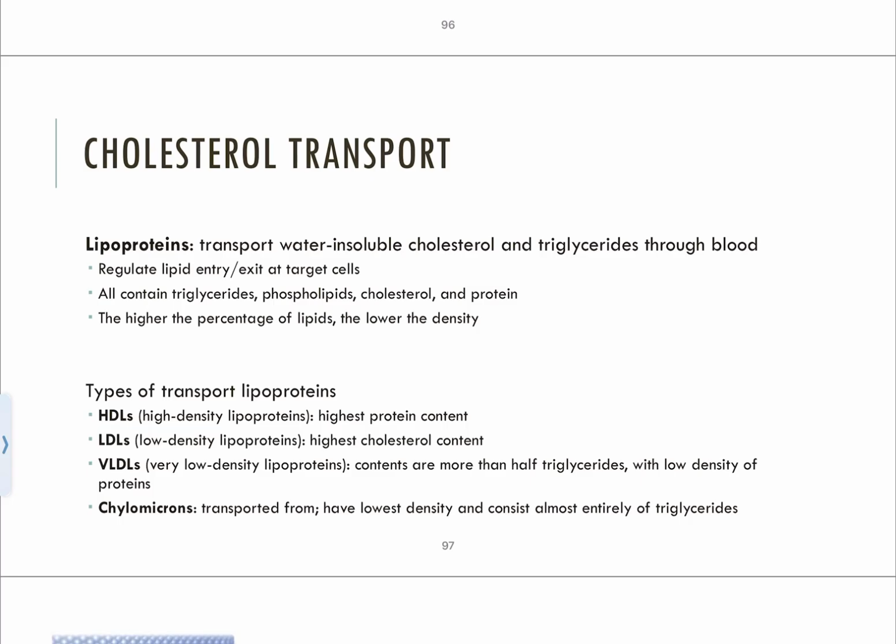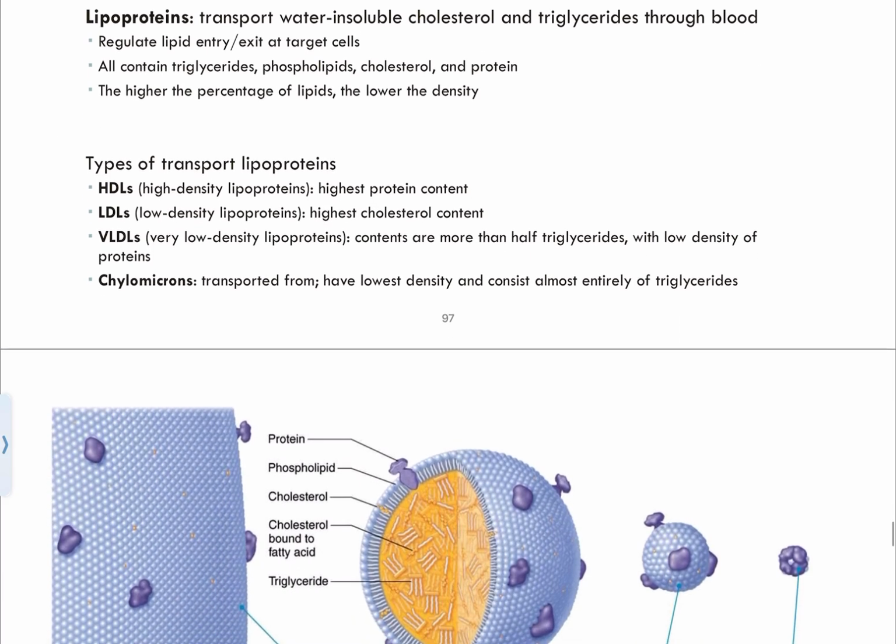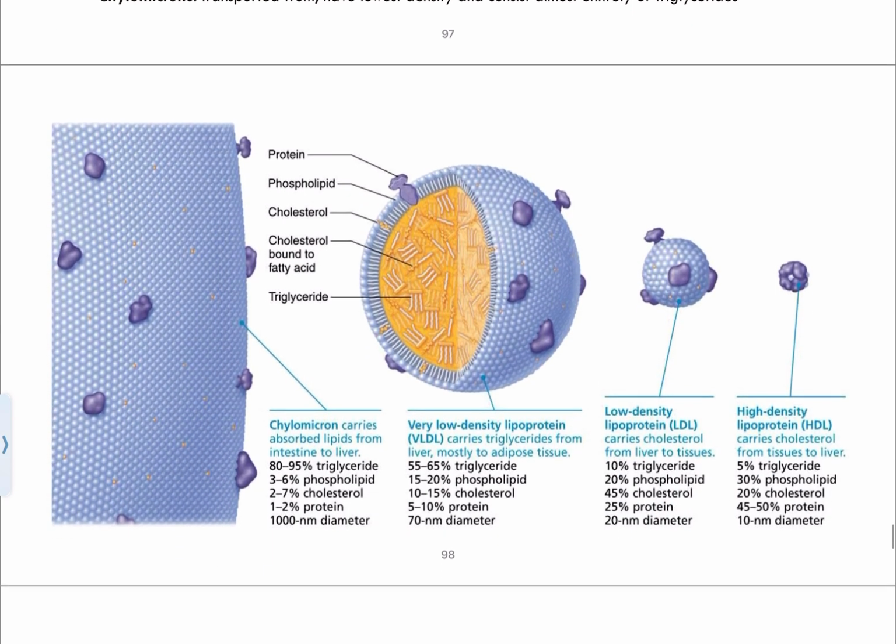On this basis of density, there are very low density lipoproteins, or VLDLs, low density lipoproteins, or LDLs, and high density lipoproteins, or HDLs. And we already talked about chylomicrons before. These are used to transport lipids from our gastrointestinal tract, and they have the lowest density of all, meaning they have the highest percentage of lipid in the lipoprotein.